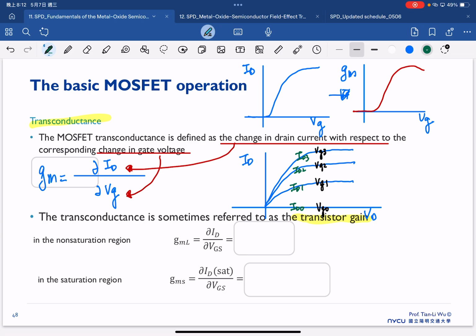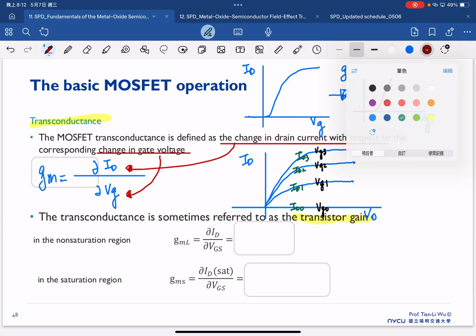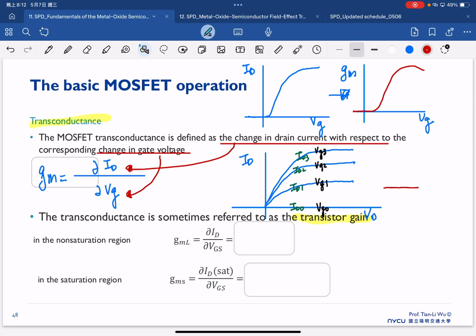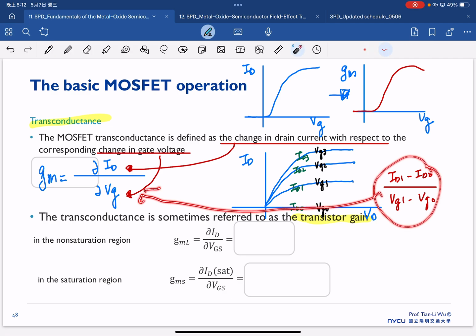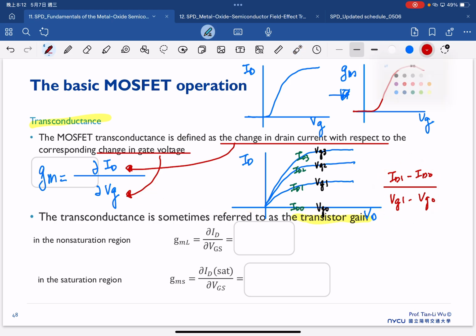Then the calculation is ID1 minus ID0 over VG1 minus VG0. This is exactly the same as this one, right? That means we calculate the transconductance gm1. And where is gm1? It's actually here.